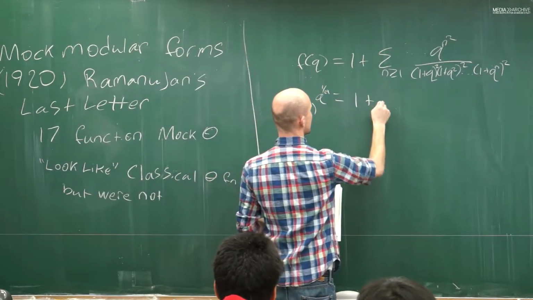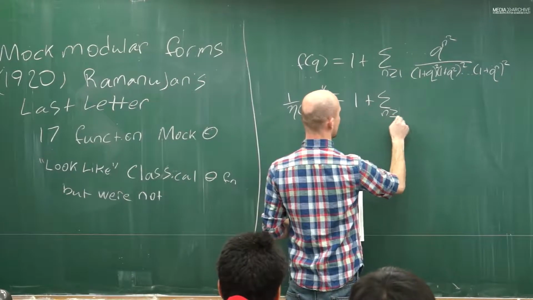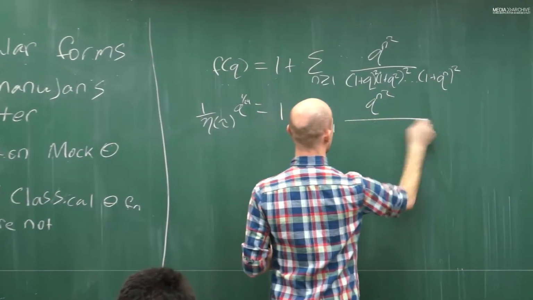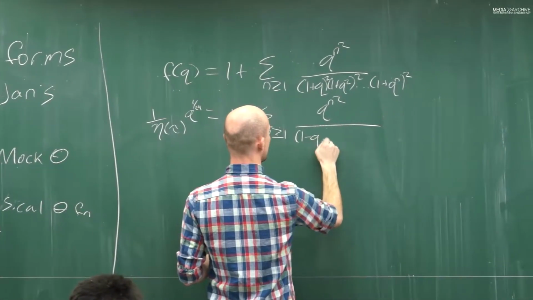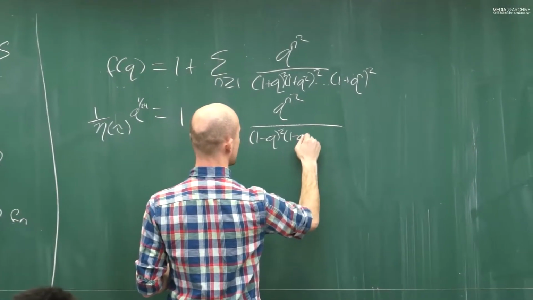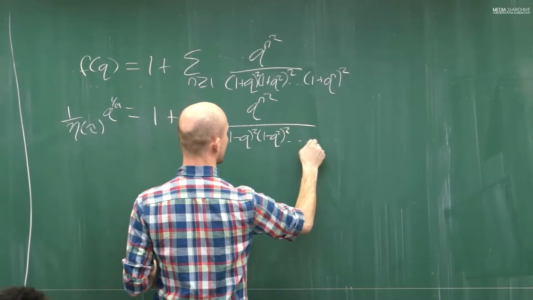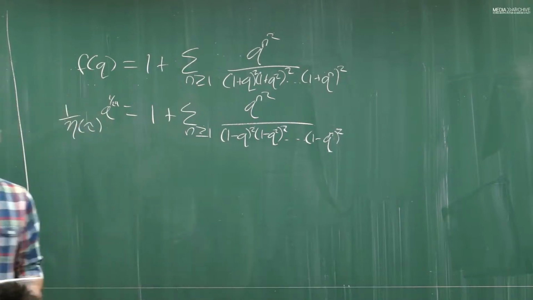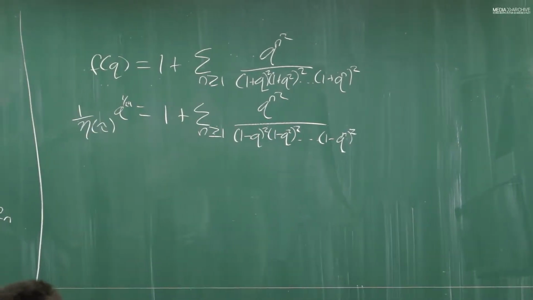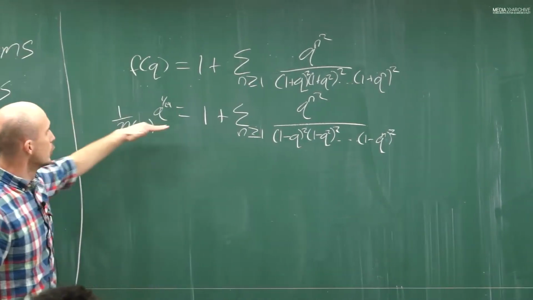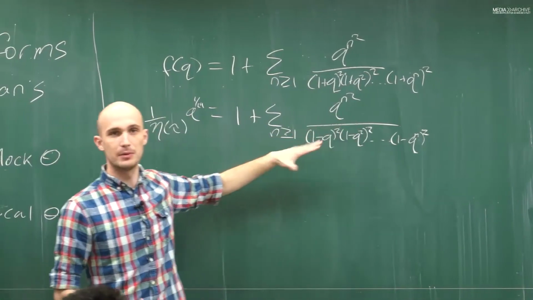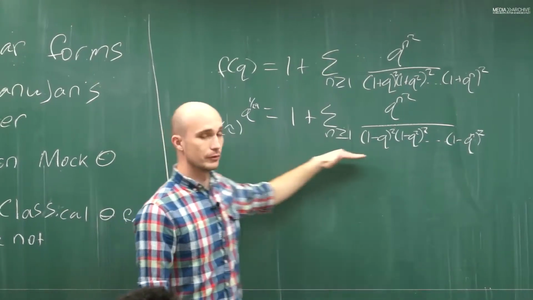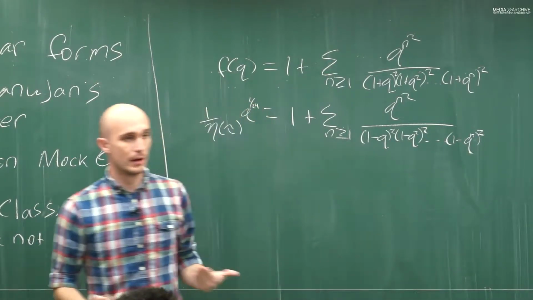This can be written as 1 plus the sum over n greater than or equal to 1 of q to the n squared over (1 minus q)(1 minus q squared) and so on, with the quantity squared, up to 1 minus q to the n. Okay. So somehow this function had the same general shape as this other modular form, but it was not a modular form.